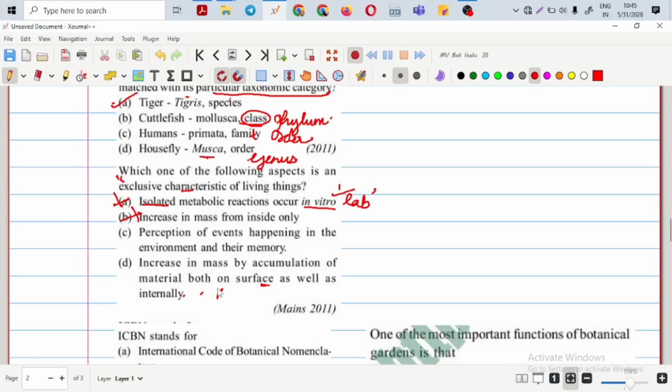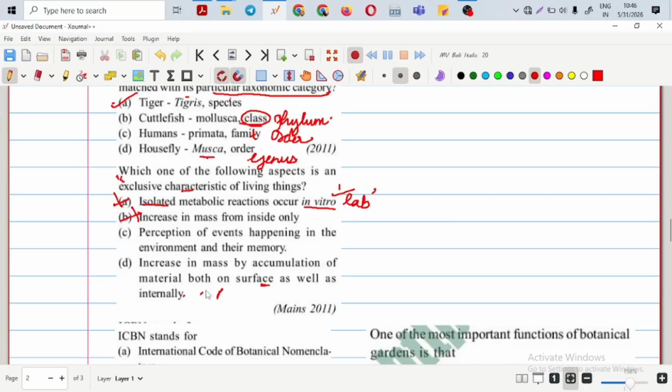So that is not the correct answer. So we are coming to the answer. Perception of events happening, that is the answer. The C is the answer. Happening in the environment and the memory.